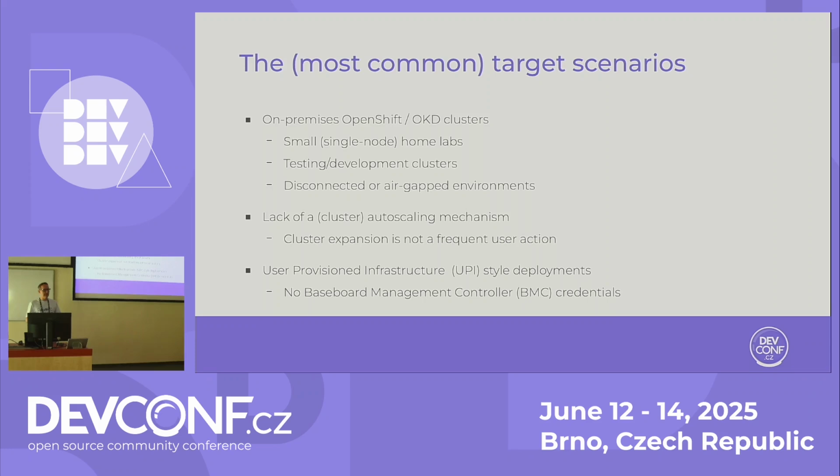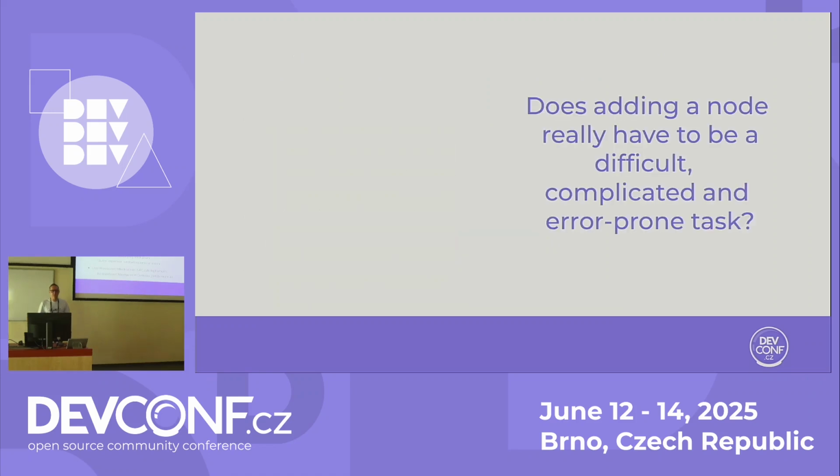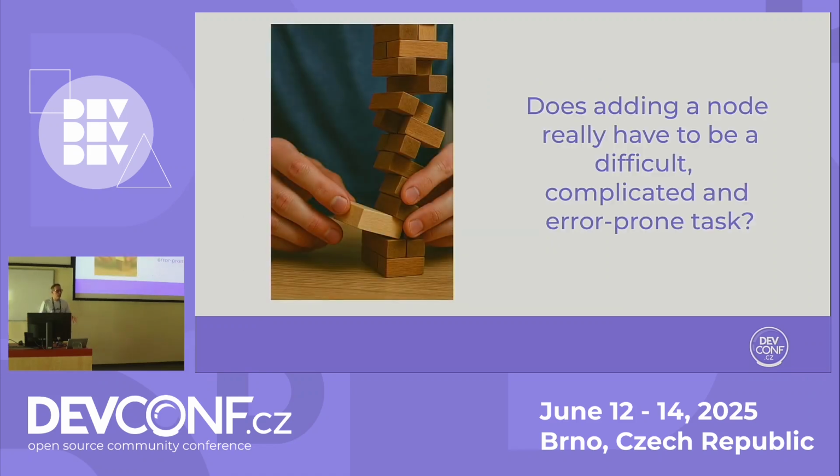Okay, given that, let's start from the big question that motivated this talk. Why must it be really so hard to add a node to a cluster? I mean, in the installation area, we did a lot of work to make the experience smoother, automated, and as easy as possible for the end user.